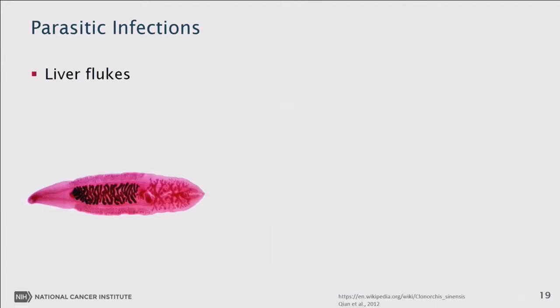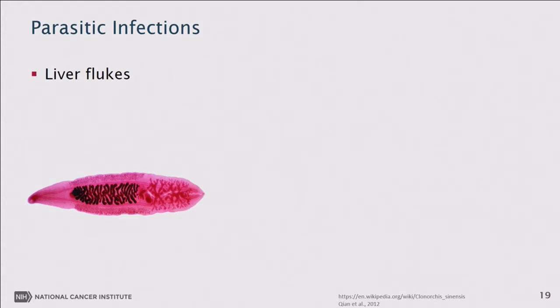Liver flukes are a parasitic infection that's been associated with an increased risk, and you can see this little liver fluke down here. These are parasites where their end host is the human liver. They like to live in the human liver and they cause inflammation there. These are primarily ingested in humans by eating raw and undercooked fish.